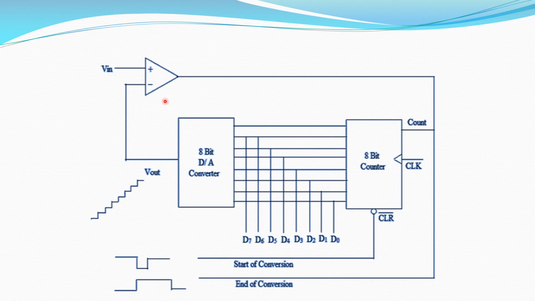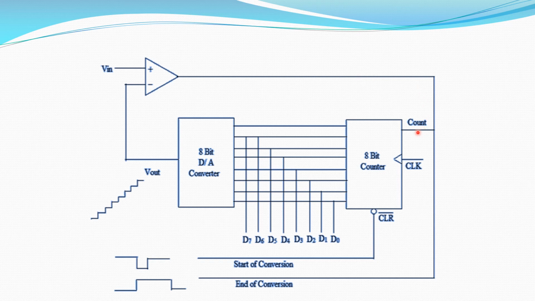So this comparator will compare voltage level V in with this V out. If V in is greater than V out, the output will be high. That means C count equal to high. So this counter will count if the count is high or 1. Once V in is less than this V out, the output of this comparator will be low.